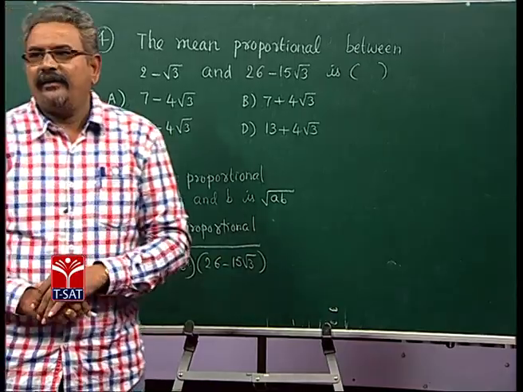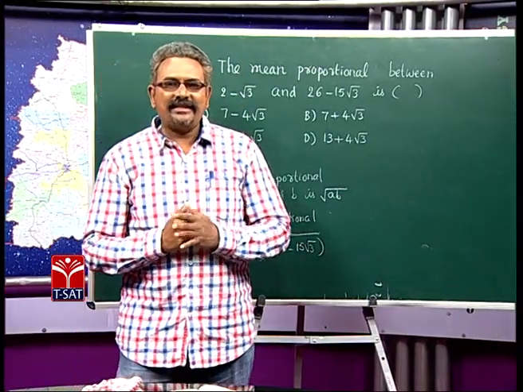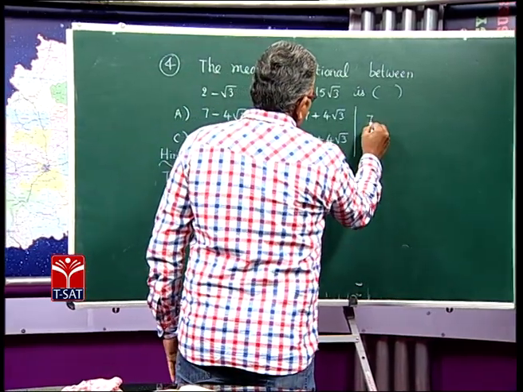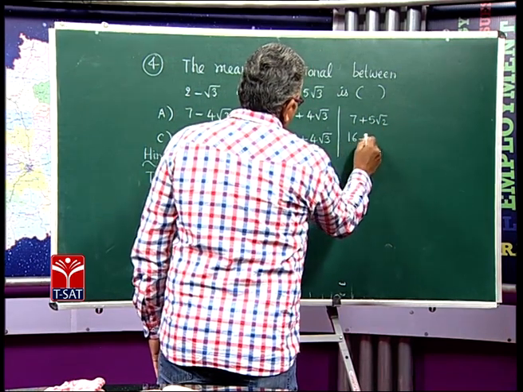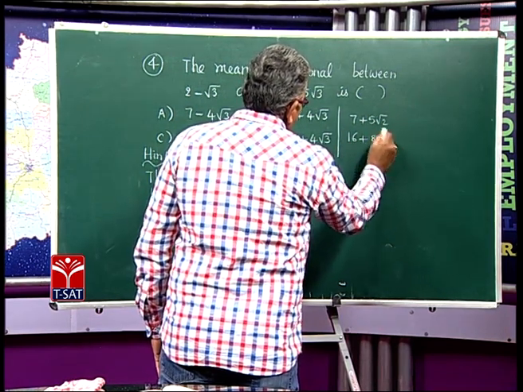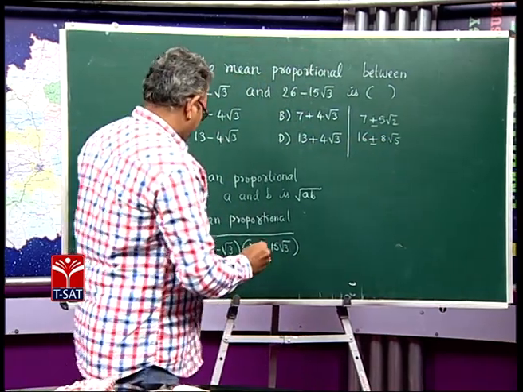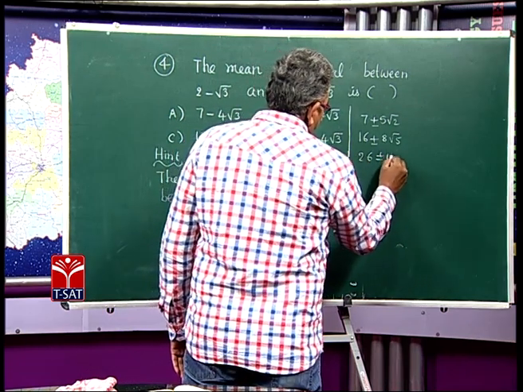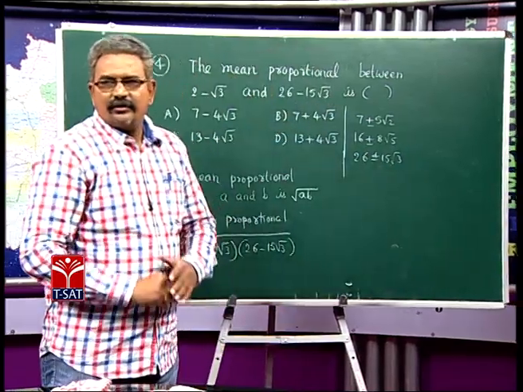Okay, so I give one thing. Whenever you see 7 plus 5 root 2, 16 plus 8 root 5, 26 plus or minus 15 root 3, no problem, you can take plus or minus also.